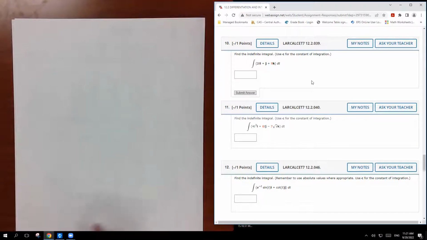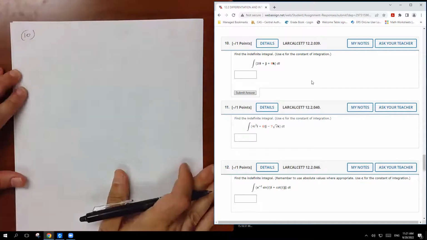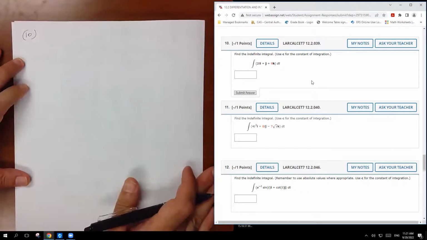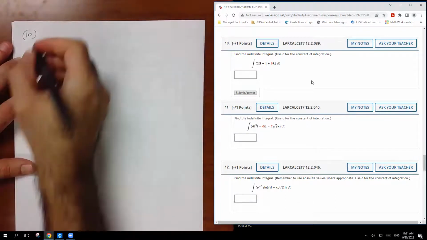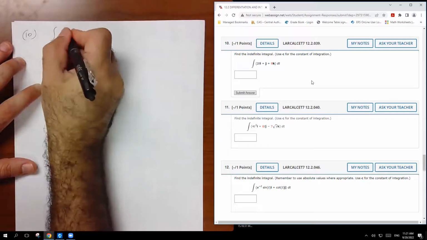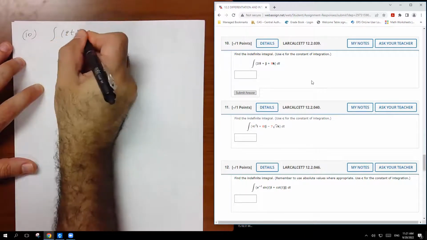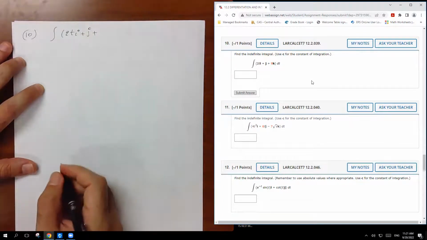So the integral for example 10 is the integral of 2t i plus j plus 9k dt.